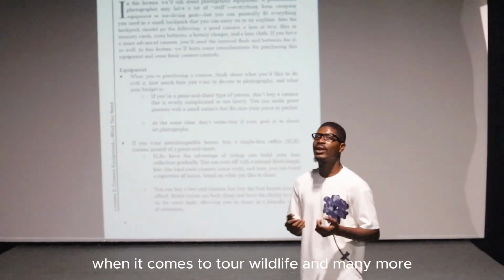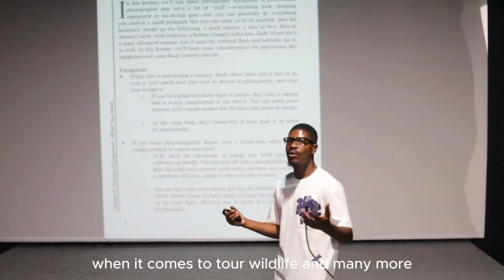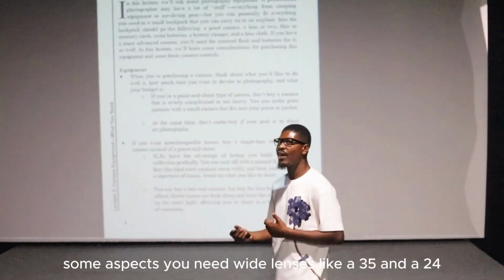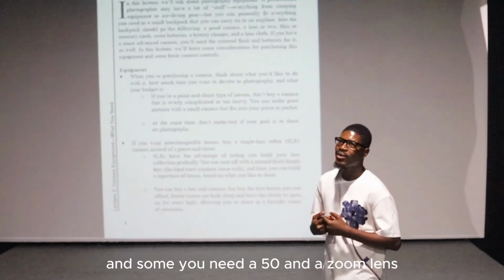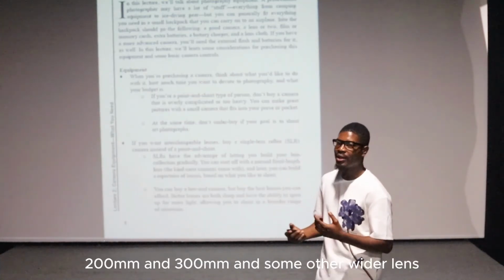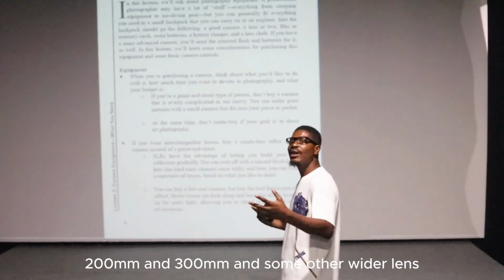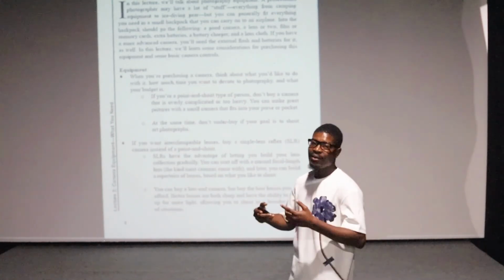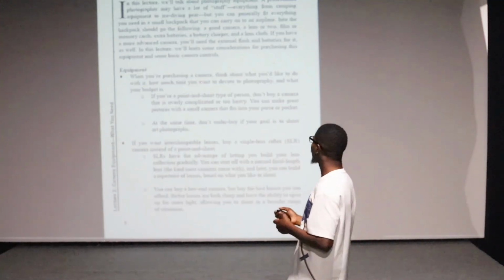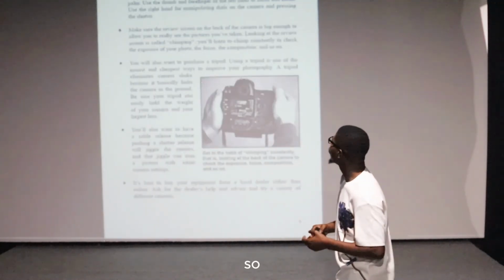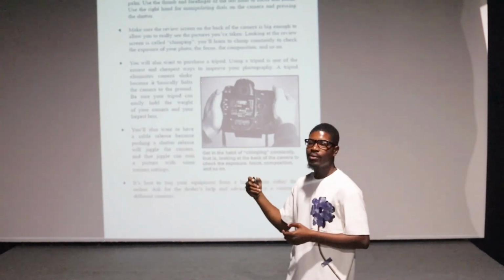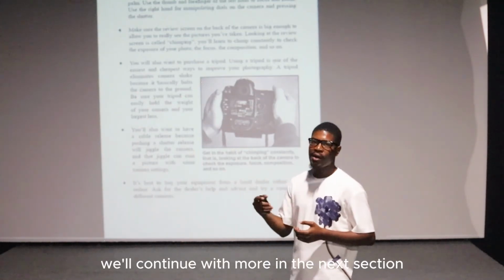For example, when it comes to tour, wildlife, and many more, there are some aspects where you need wide lenses like the 35 and the 24, and some where you need a 50 and a zoom lens, the telephoto lens like a 70 to 200 or 300 mm. For wider lens, wider shots, we will talk about that later. So this is just a brief. We'll continue with more in the next section.